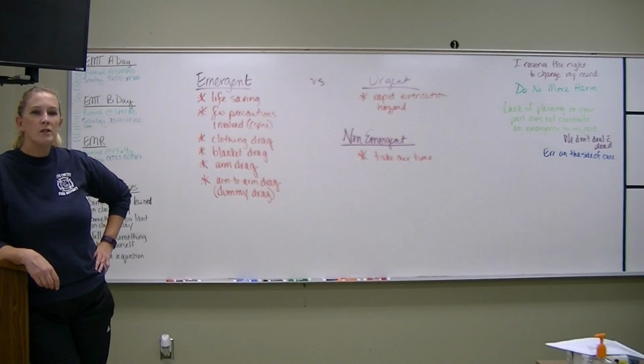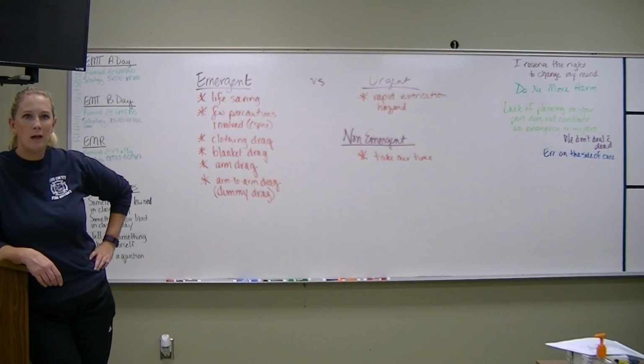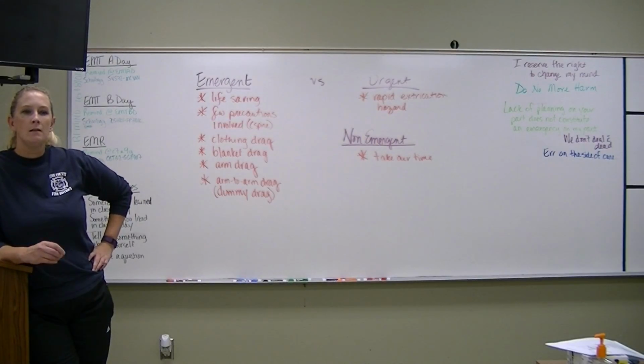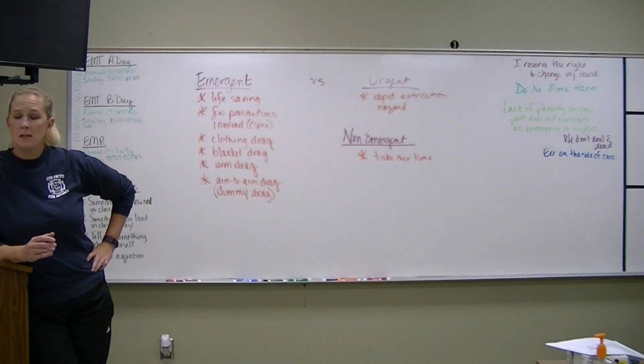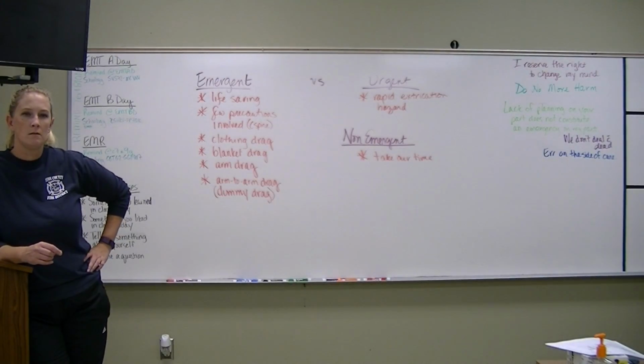Good. Emergent is, this is an emergency. If I don't get them out of here, they're going to die, right? Urgent is, there's something that's causing me to think that the scene may potentially become unsafe. Can you see the difference?